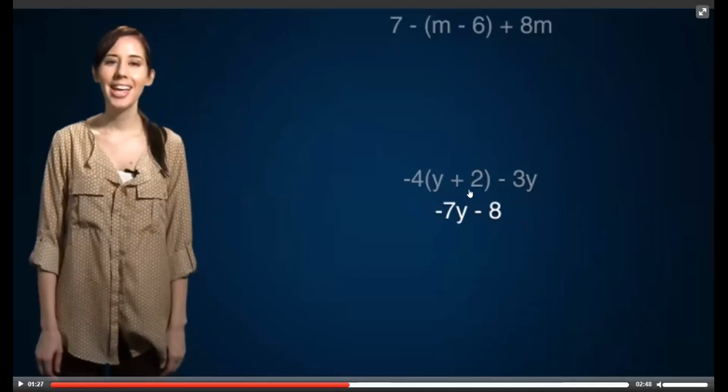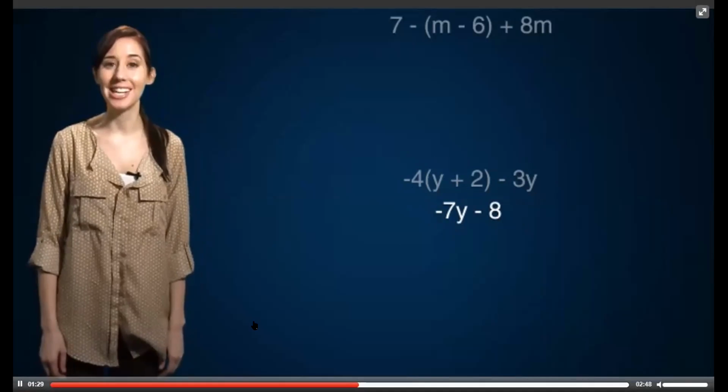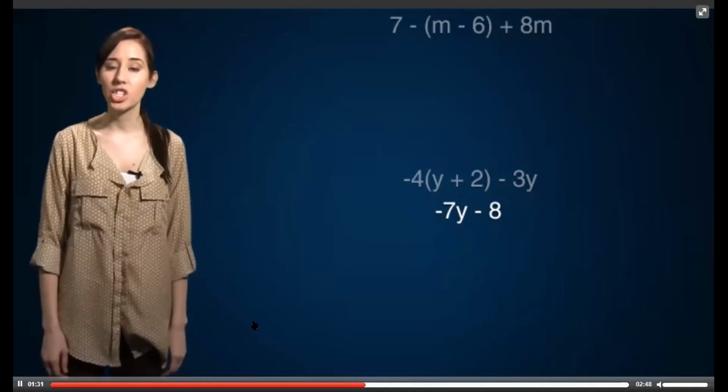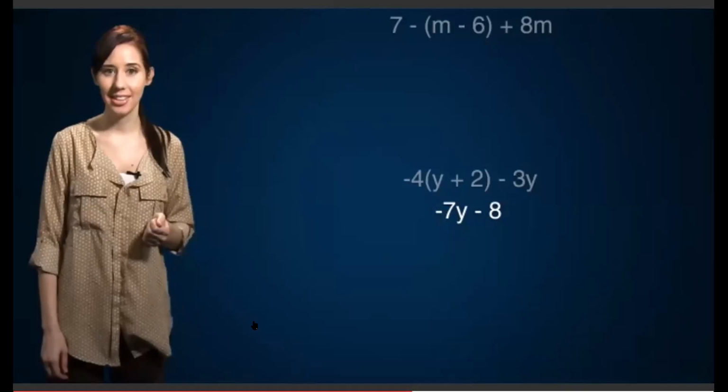It's not part of this distributive property problem, but we can still combine those. -4y combined with -3y gives you -7y. But that's as far as you can simplify it. The sum of -4 and -3 is -7. This expression simplifies to -7y minus 8.